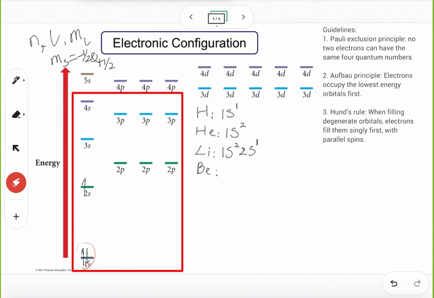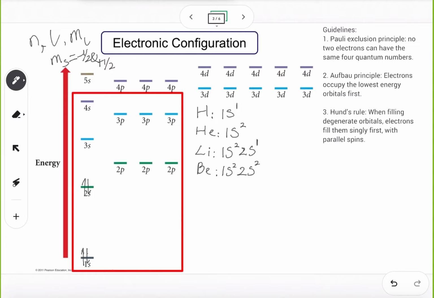Again, like the 1s orbital, in order to not go against the Pauli exclusion principle, the 4th electron should have the opposite spin quantum number ms, which is negative half. So how do we label the electronic configuration for beryllium? It's going to be 1s2 2s2, because you have 2 electrons on the 2s orbital.